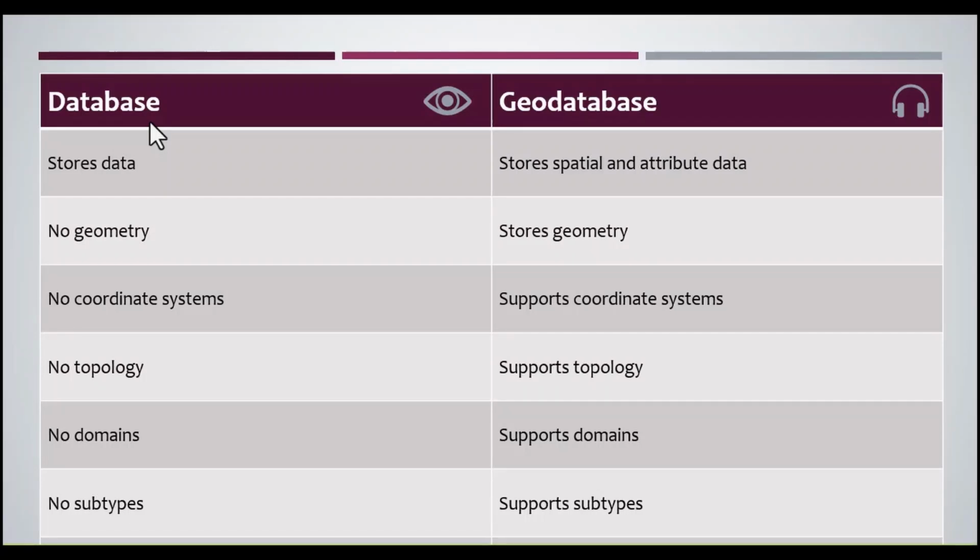Database has no topology, while geodatabase supports topology. Database has no domains. Geodatabase supports domains. Database has no subtypes. Geodatabase supports subtypes. Database is for general purposes, while geodatabase is GIS specific.